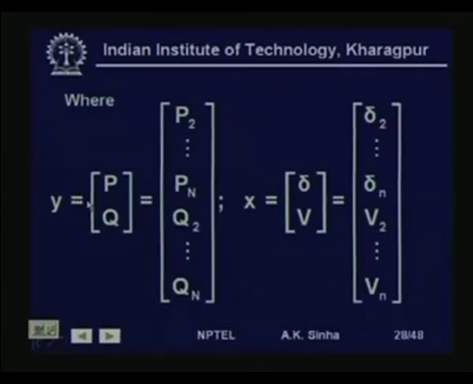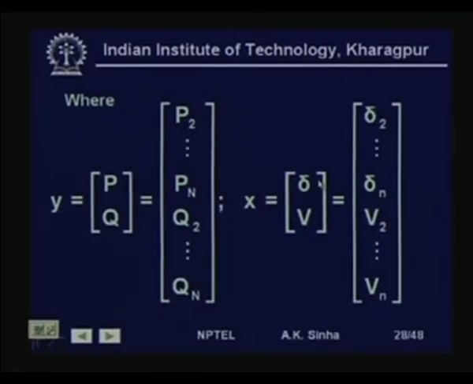So, here y is equal to P and Q, which is P 2 to P n and Q 2 to Q n. Why are we writing P 2, why are we not taking P 1 and Q 1? The reason is that we have assumed that bus 1 is the slack bus. So, that is why we do not calculate delta 1 and V 1.